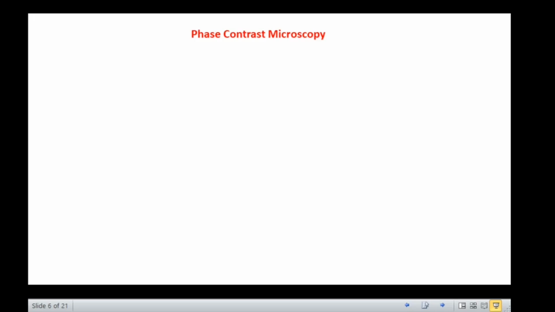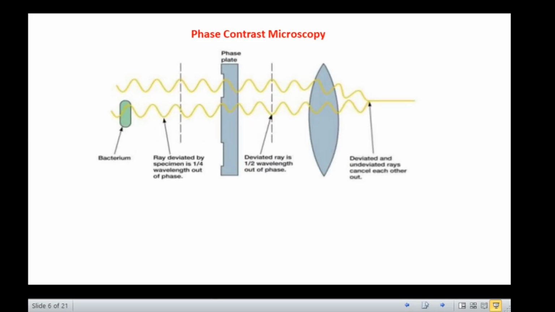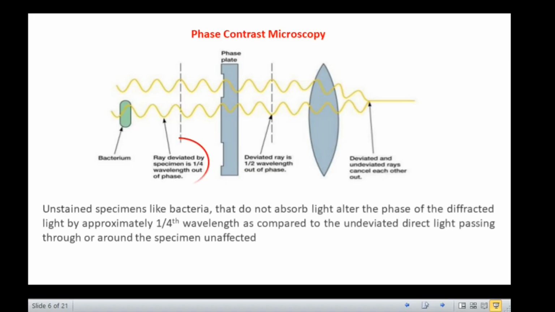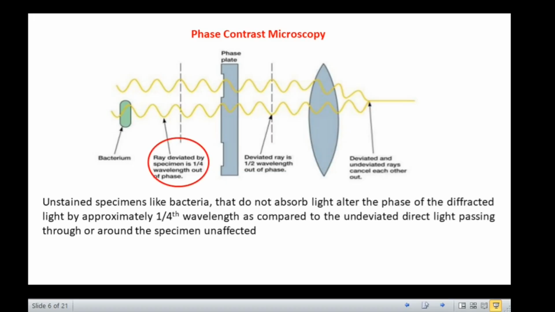Unstained specimens that do not absorb light alter the phase of the diffracted light by approximately 1/4 wavelength as compared to the undeviated direct light passing through or around the specimen unaffected.